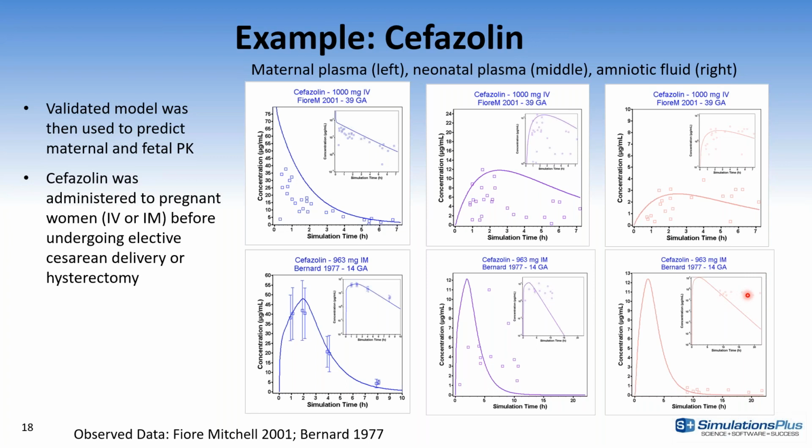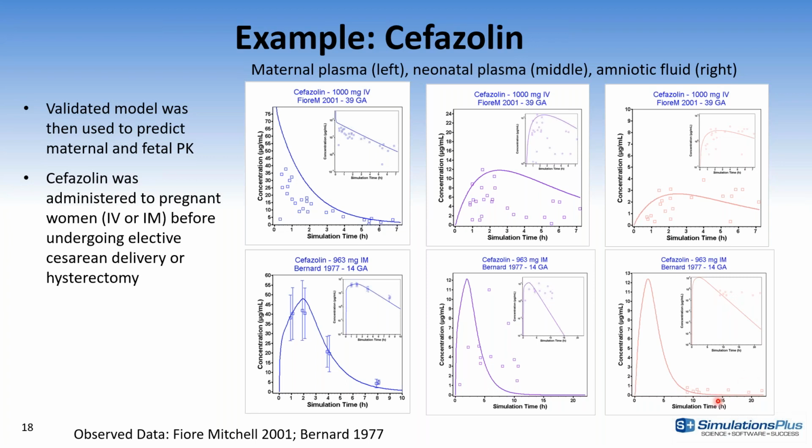We are still trying to figure out whether it has something to do with the intramuscular delivery or with the early stage of pregnancy. The other thing is there is also a big difference between the concentrations measured in the early time points versus the late time points. So not completely sure yet what's causing the mismatch.